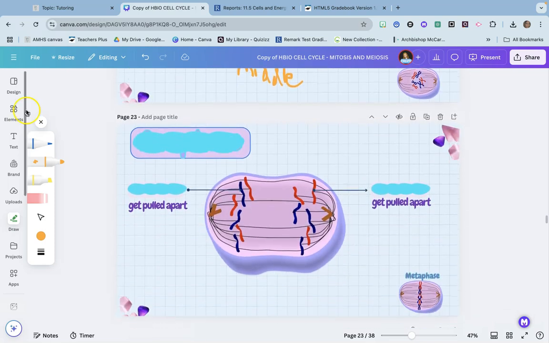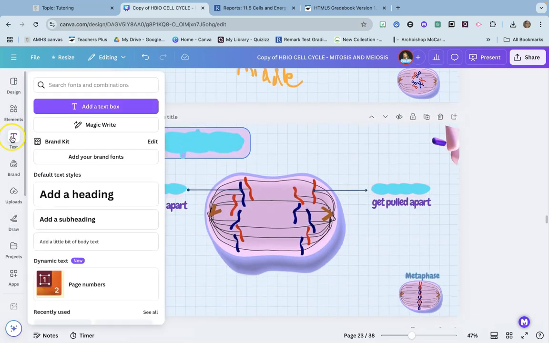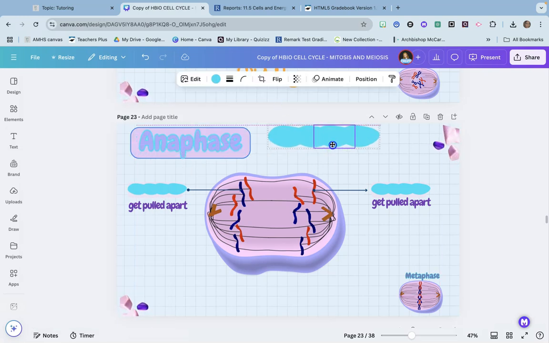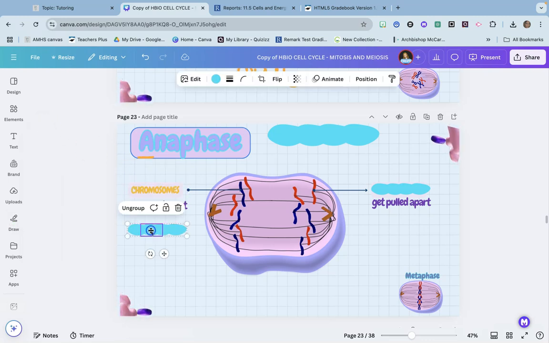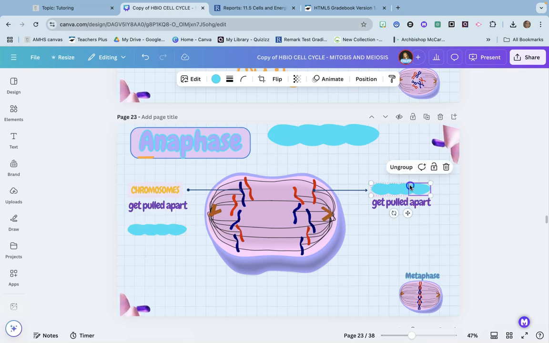All right, what comes after metaphase? Anaphase, okay? PMAT, okay? Look at metaphase here. A for anaphase, A for what? Apart, away, good. My chromosomes are being pulled apart. The spindle actually pulls them apart, and the centromere is going apart.